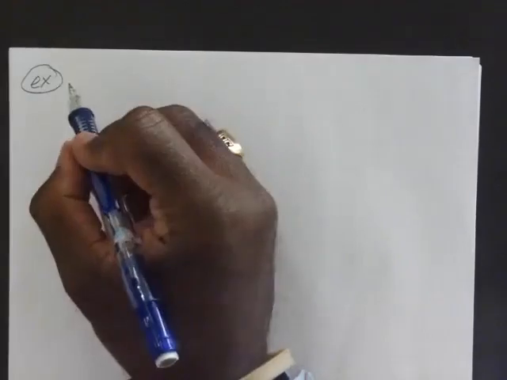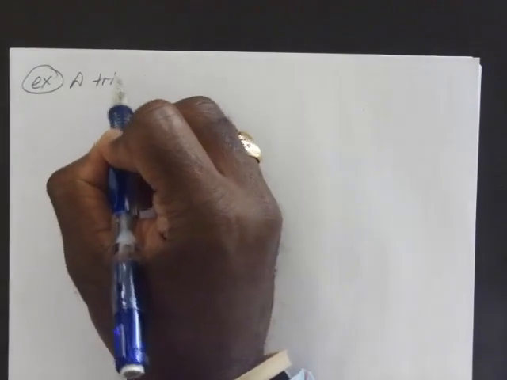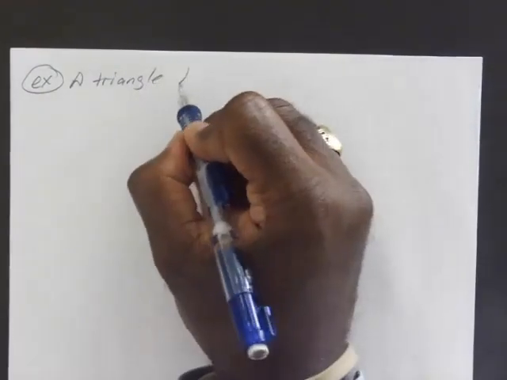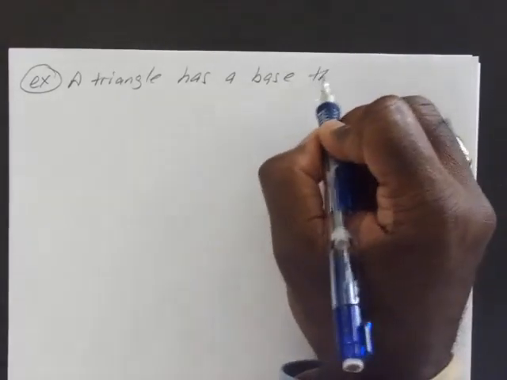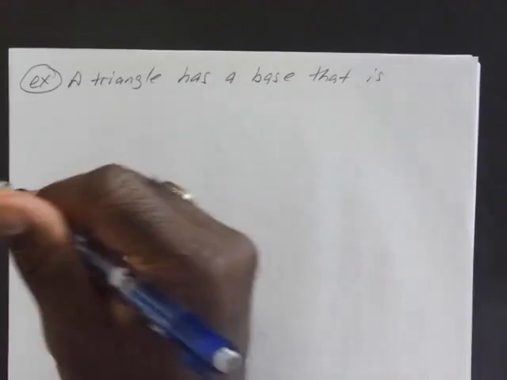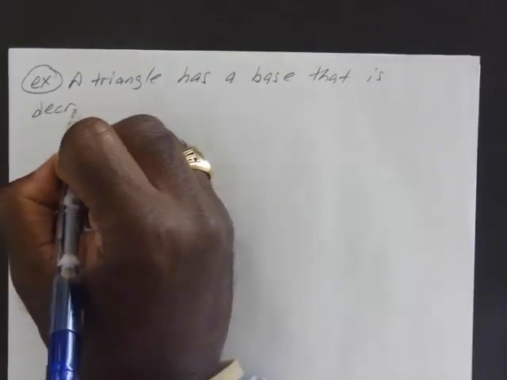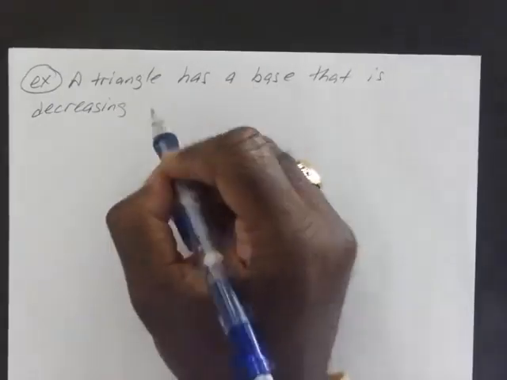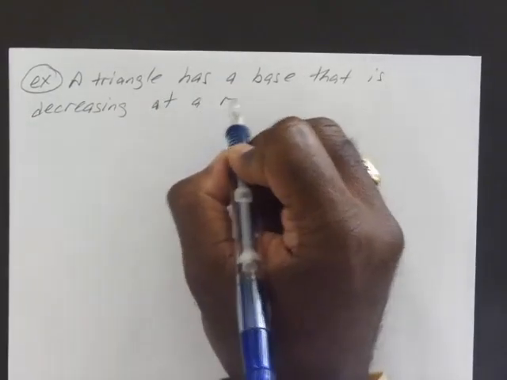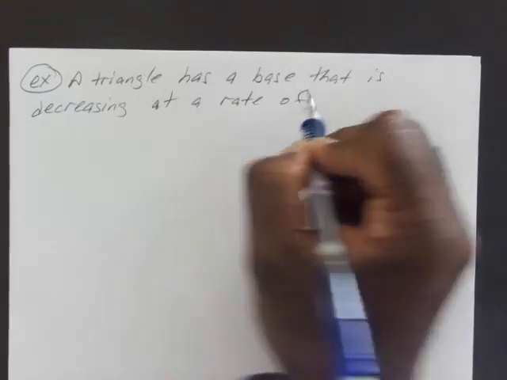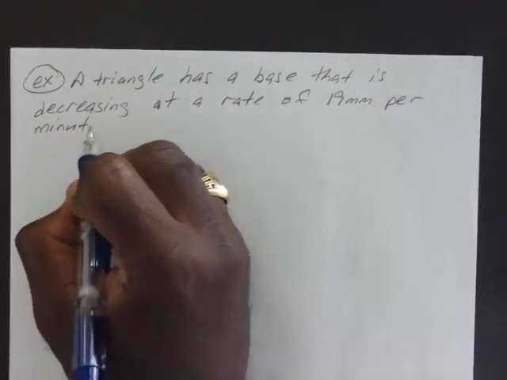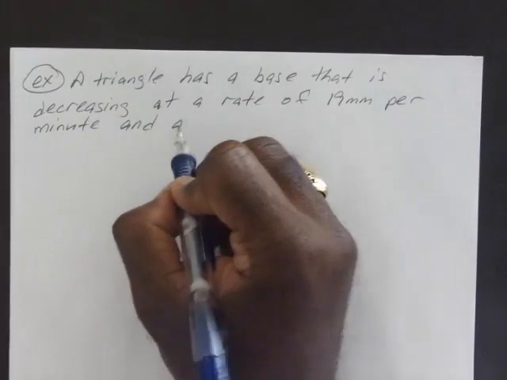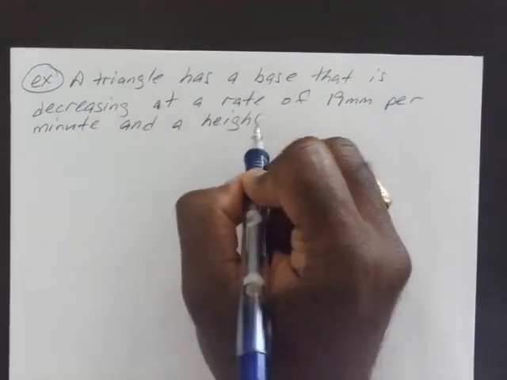So let's say, for example, we have a triangle that has a base that is decreasing at a rate of 19 millimeters per minute, and a height that is constant.